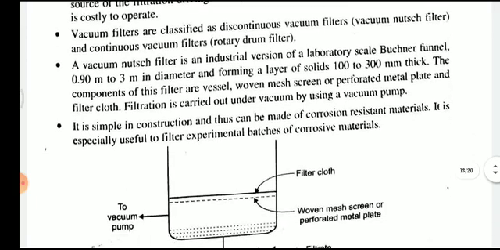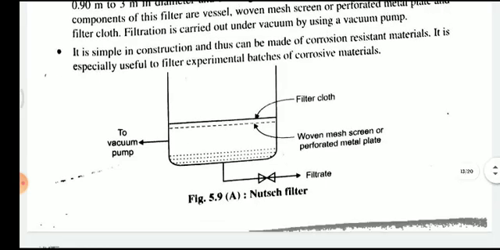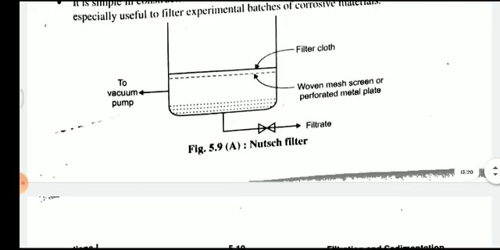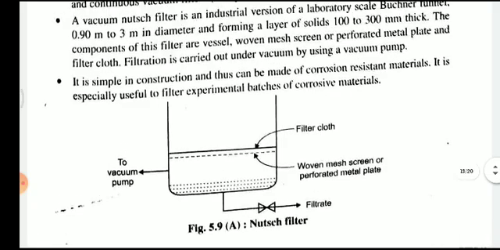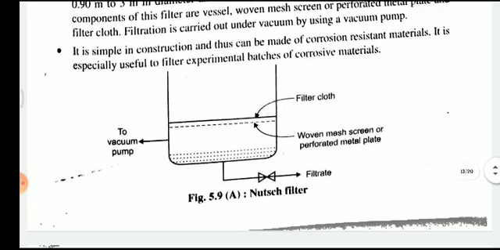Filtration is carried out under vacuum by using a vacuum pump. It is simple in construction, so it can be made of corrosion resistant material. It is especially used for filtering experimental batches or corrosive materials. The nutsche filter is a vacuum filter in batch operation.